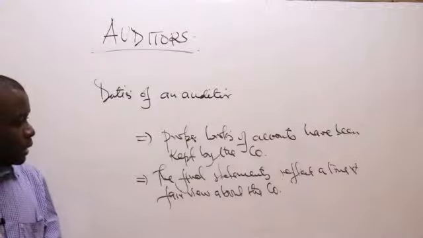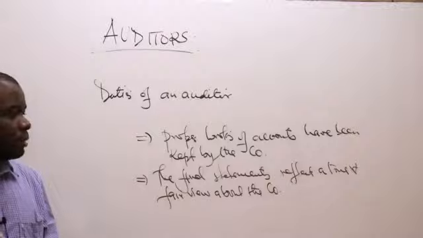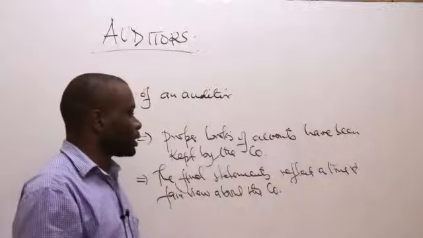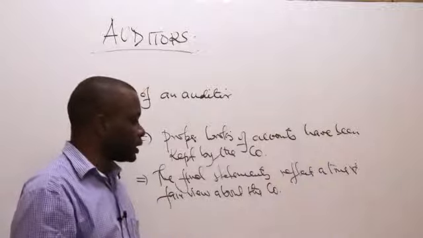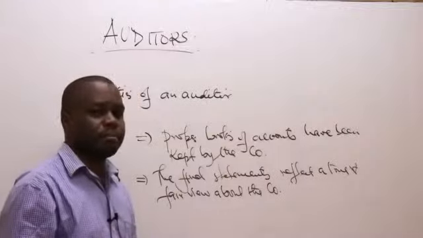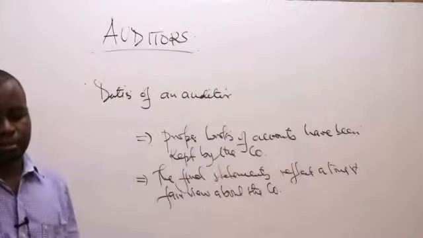Then of course, if it is a public company, he could go further and look at the remuneration of the directors. So you look at how the directors of the company are being remunerated. Are they following the requirements that have been set out by the members? For example, how much they're supposed to be remunerated as directors of the company.